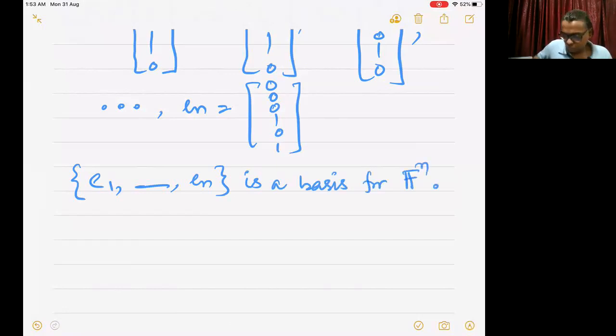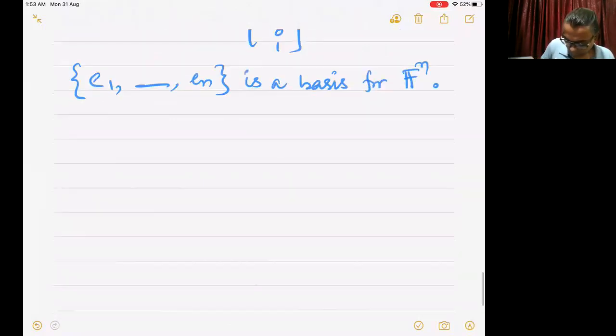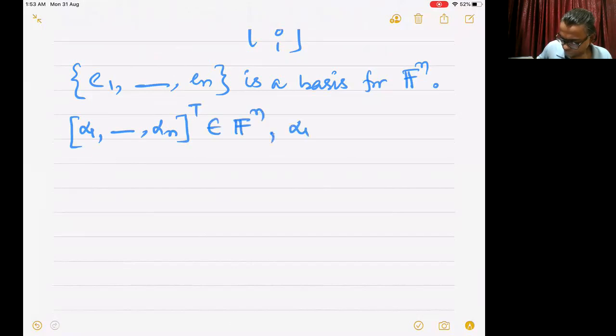Why is that so? Because a typical element, say alpha 1 dot dot dot up to alpha n, where alpha 1 up to alpha n are elements from F, is a typical element in F to the n, right?